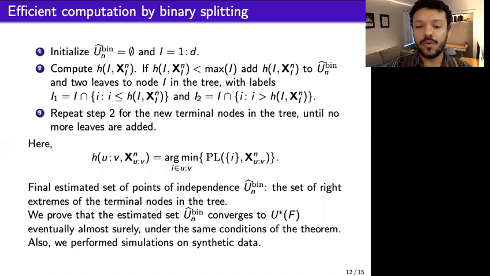And although this is an approximation to the estimator, we prove that this estimator converges to the true set of independence. Moreover, we also perform simulations on synthetic data to study the performance of this algorithm.